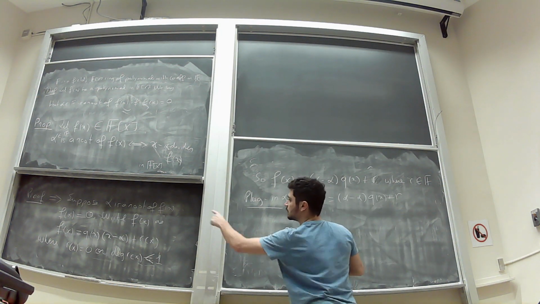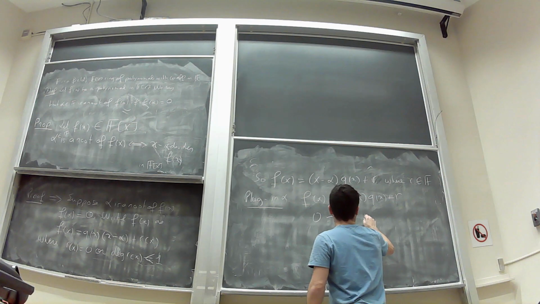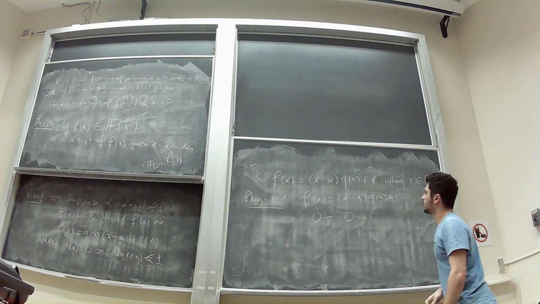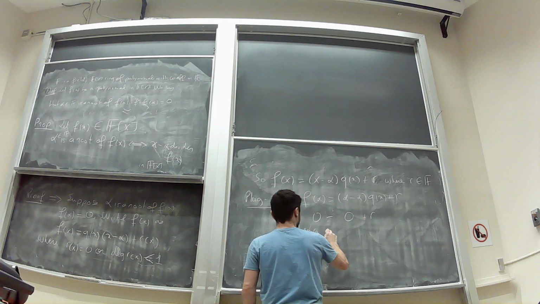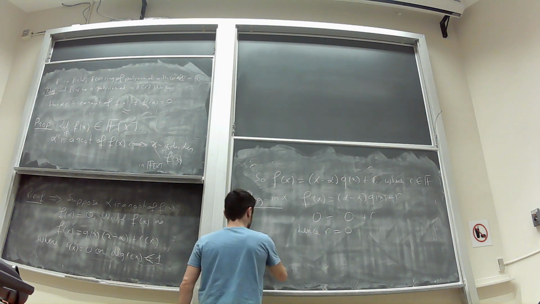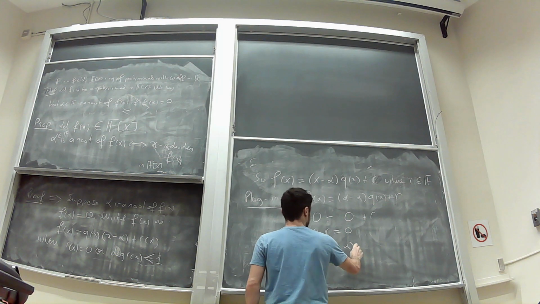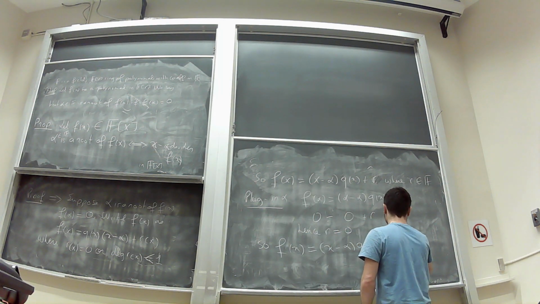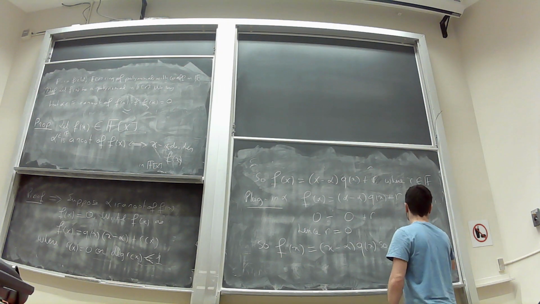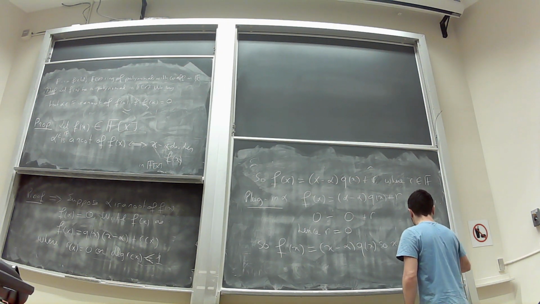Well, f of alpha is 0 because alpha is a root, and alpha minus alpha is 0. So r is 0. And so f of x is x minus alpha times q of x. So x minus alpha divides f of x.